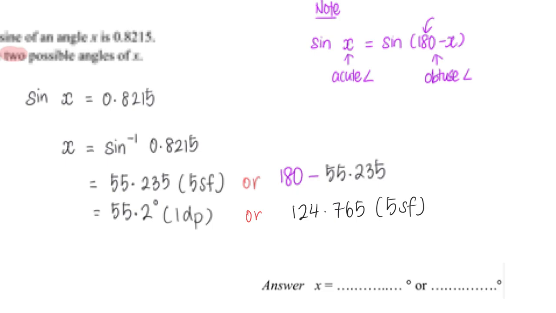Final answer 124.8 degrees, 1 decimal place. So I will have 55.2 degrees, 124.8 degrees.